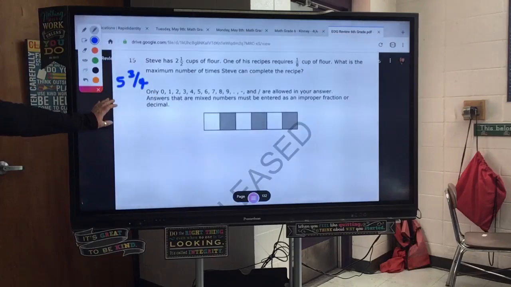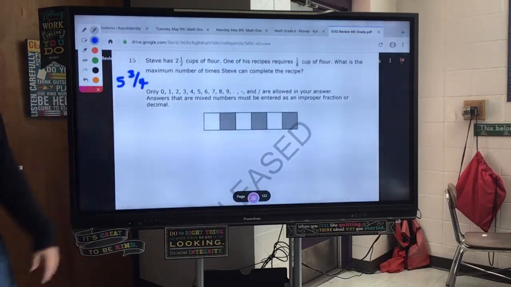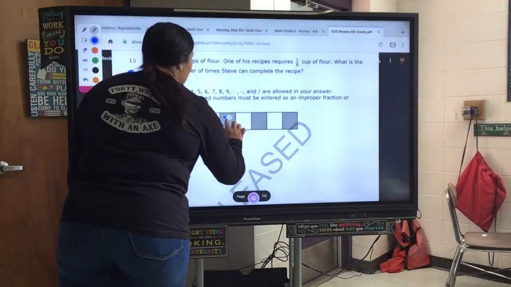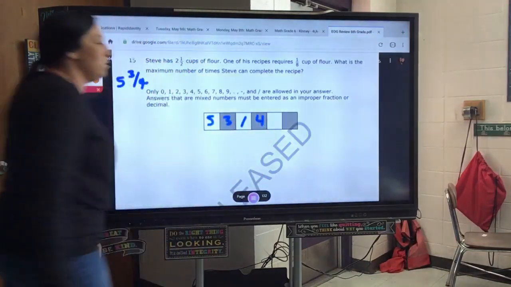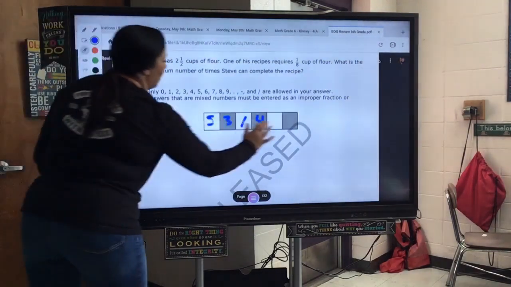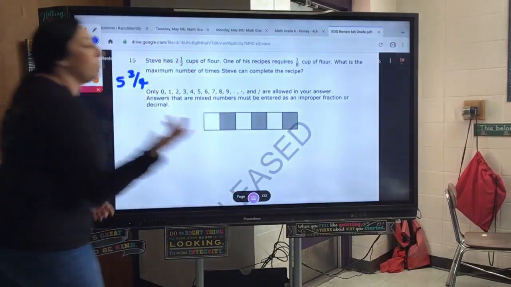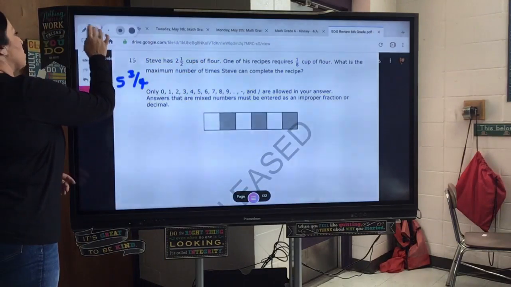You cannot put 5 3/4 into this bar, because if you put 5 3/4, what did you just put in there? 53 over 4. That is not the answer we got, was it? We got 5 3/4. So you have to know how to write your answers as improper fractions when it comes to the open responses, is what these are called.